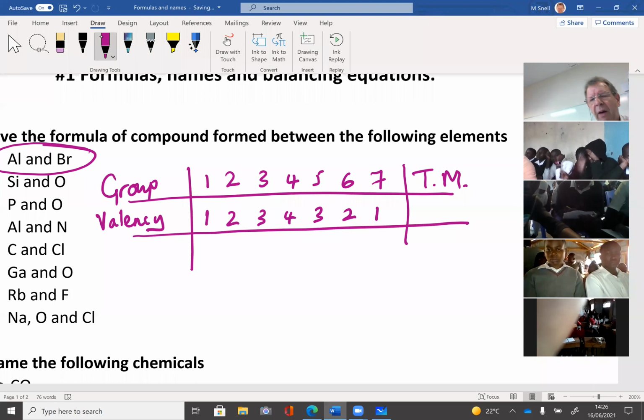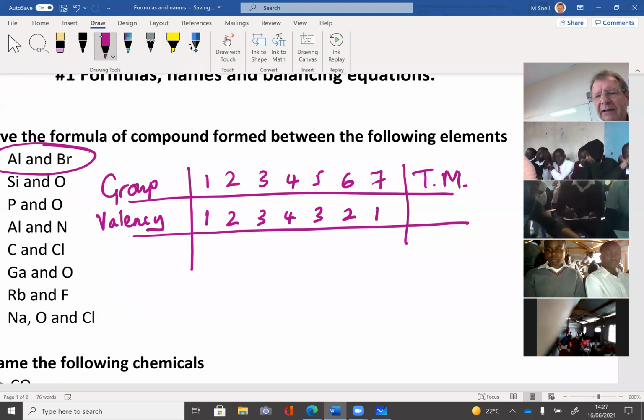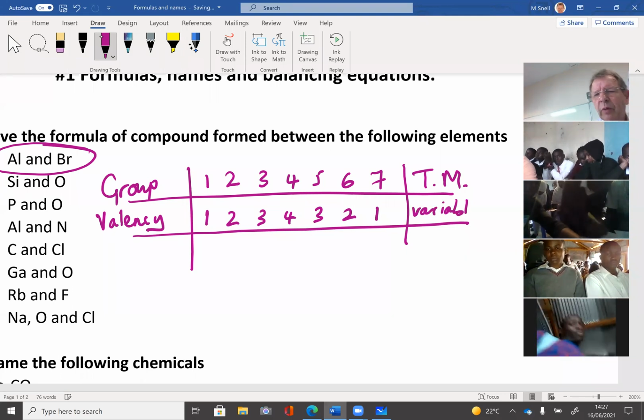Now, the important thing about this is that this will allow us to find the valency and therefore the number of bonds for simple elements from the periodic table. The transition metals, these are variable. In other words, they have several oxidation states or valencies.